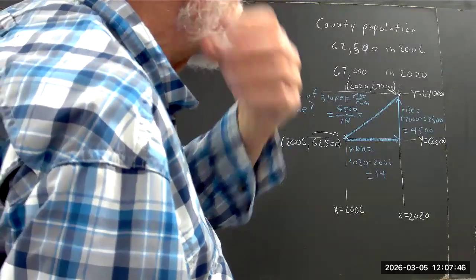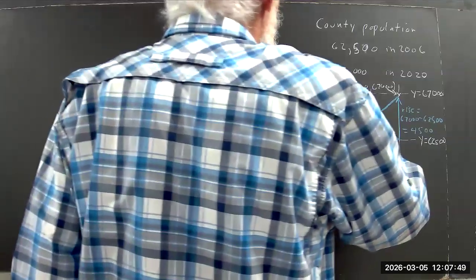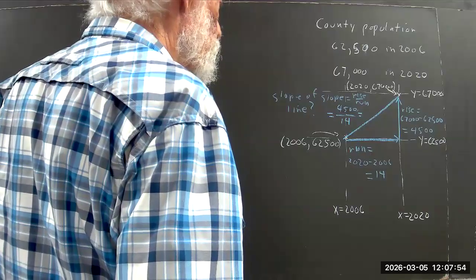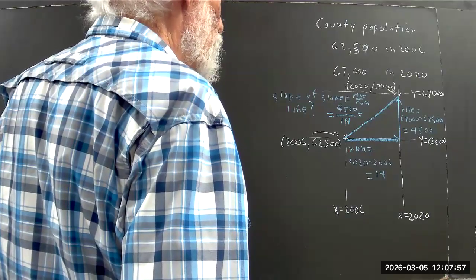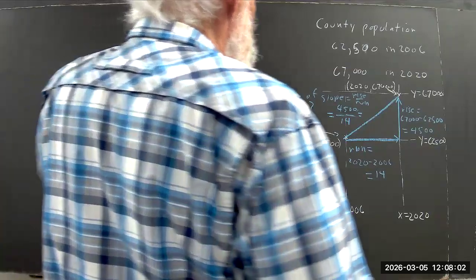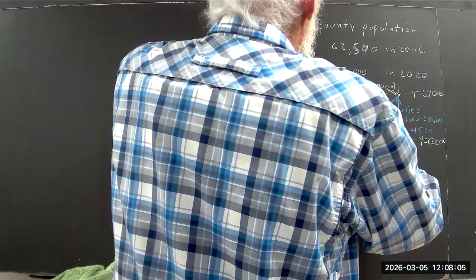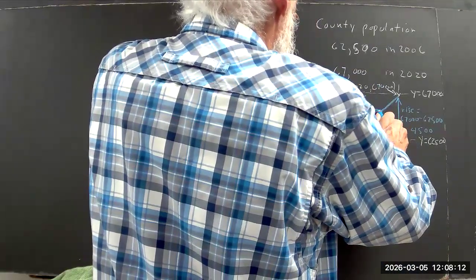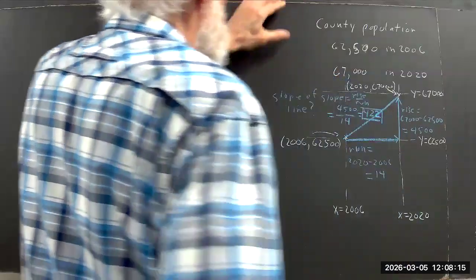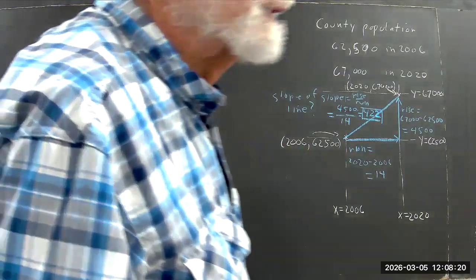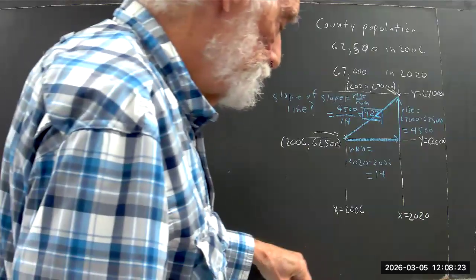In this number, we can write in decimal form. Let's say 14 is going to go into 4,200 3 times, leaving 300. It goes into 300 about 22 times. So I think that's about 422. Now, my question is, what does this mean?